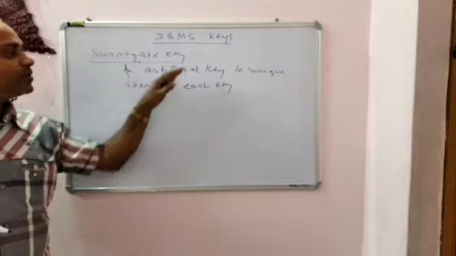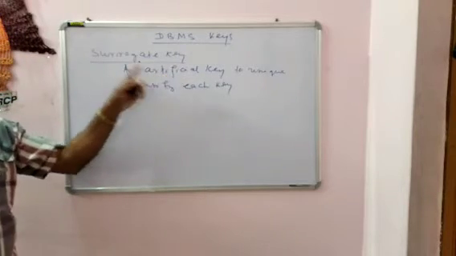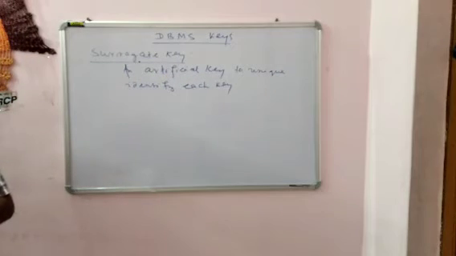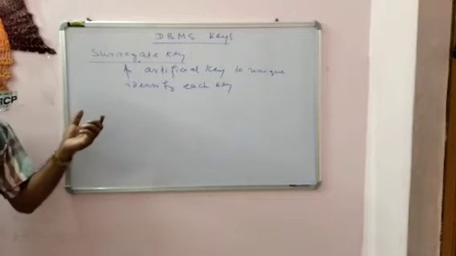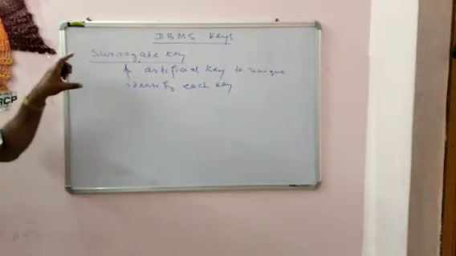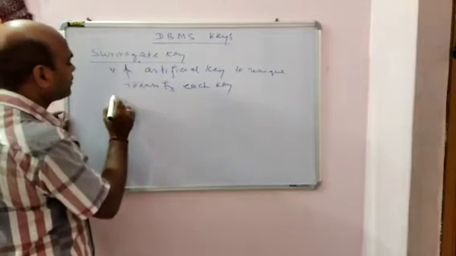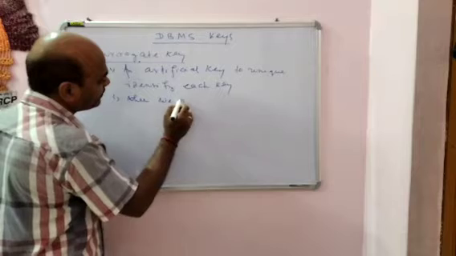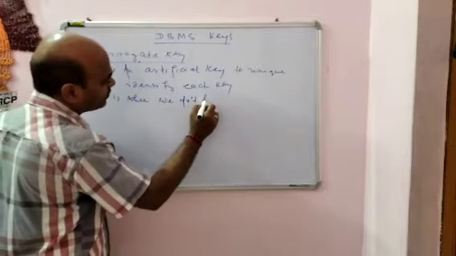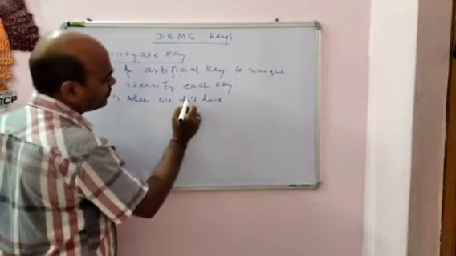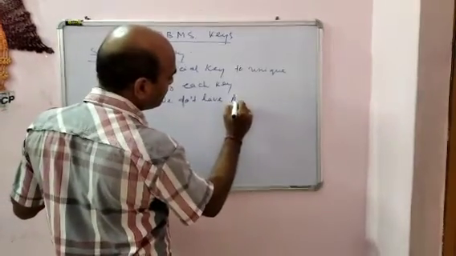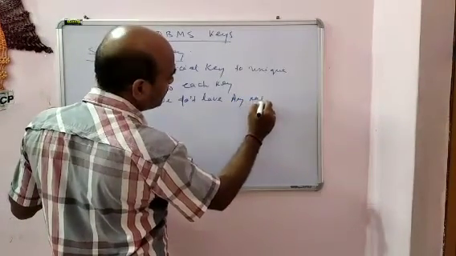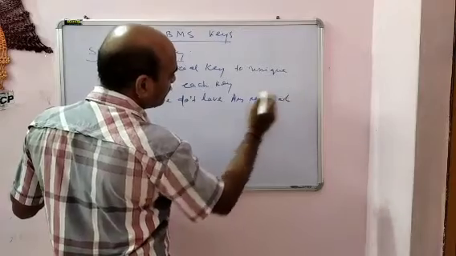Each record can be uniquely identified by this artificial key, that is the surrogate key. This type of key is unique because it is created when we don't have any natural primary key. So the surrogate key is required when we don't have any natural primary key.